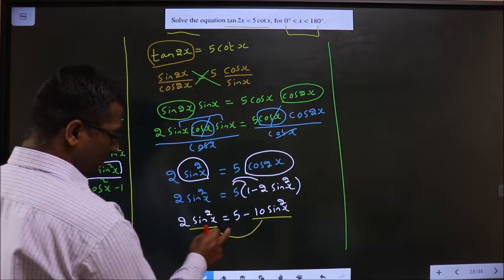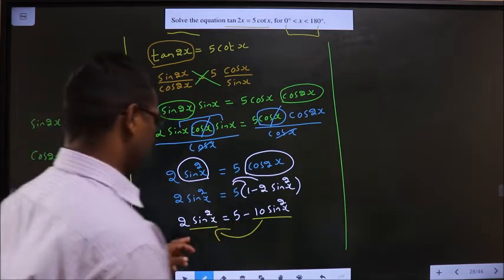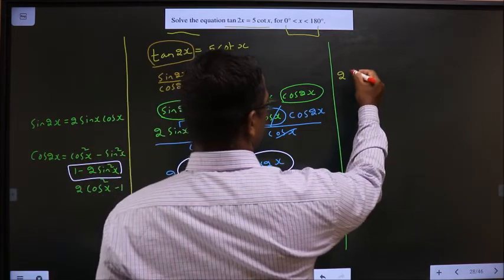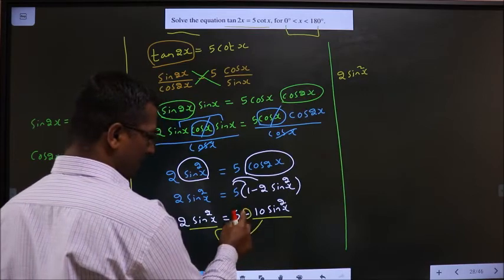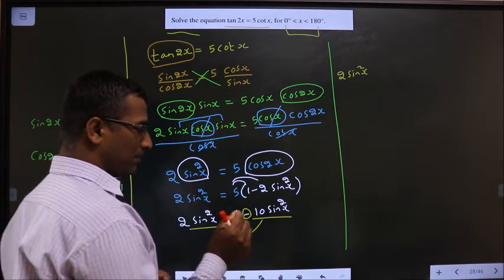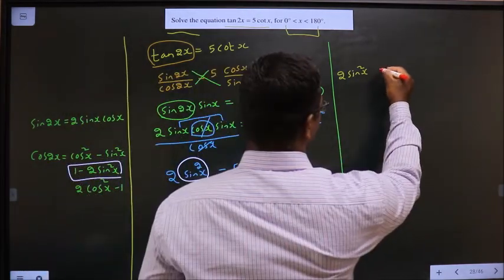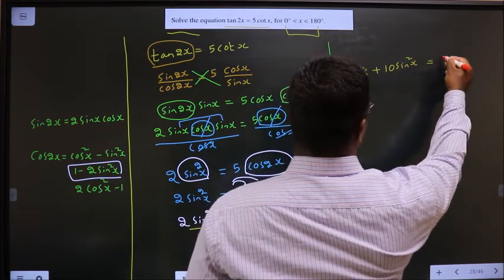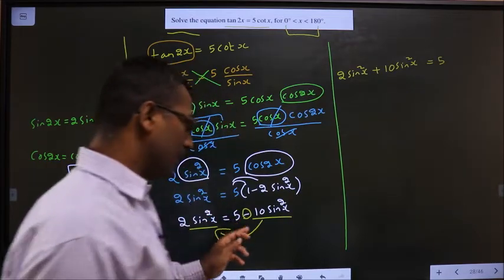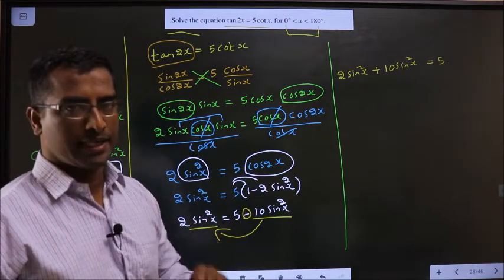This sin square I am shifting over here. So this is 2 sin square x. Here it is minus. After shifting it will become plus. Plus 10 sin square x is equal to 5. Clear? 5 is staying on the same side. Next.